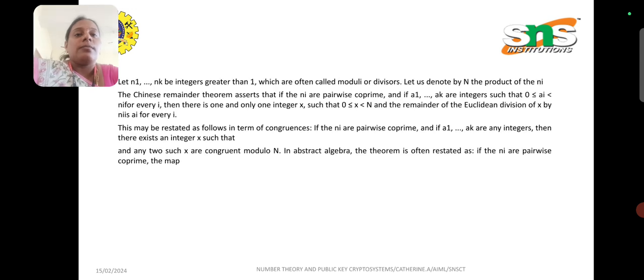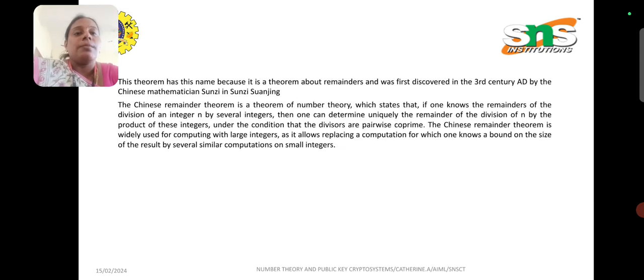This theorem has this name because it's a theorem about remainders and was first discovered in the 3rd century by the Chinese mathematician Sun Zi in Sun Zi's work. The Chinese remainder theorem is a theorem of number theory which states that if one knows the remainders of the division of an integer n by several integers, then one can determine uniquely the remainder of the division of n by the product of these integers, under the condition that the divisors are pairwise coprime.